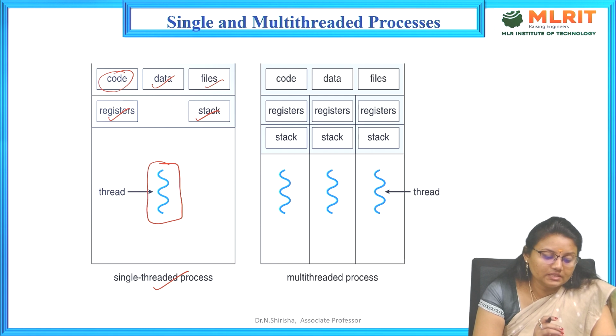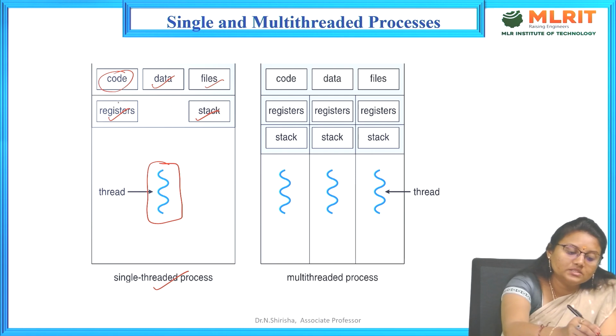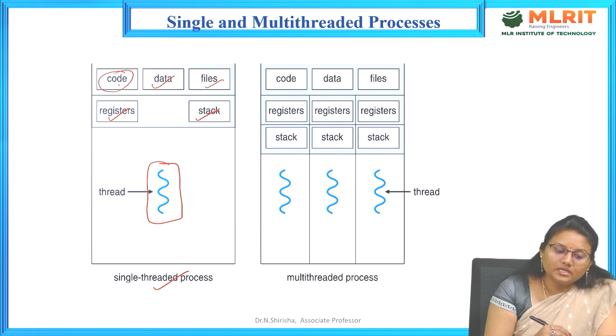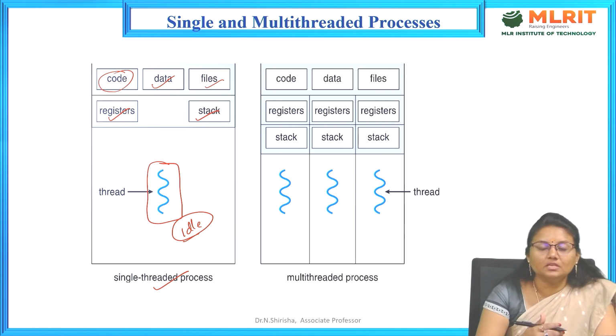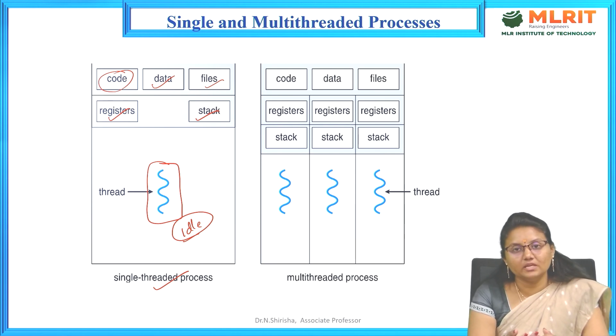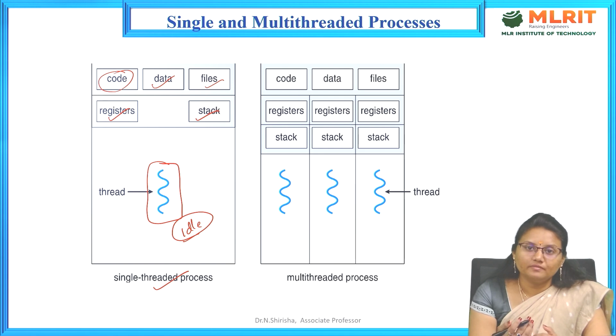A single thread, whenever it wants to execute some code, can execute that process, and after its execution the CPU goes to the idle state. When it is idle, the benefits we have seen, like responsiveness, scalability and efficiency, will all be degraded.